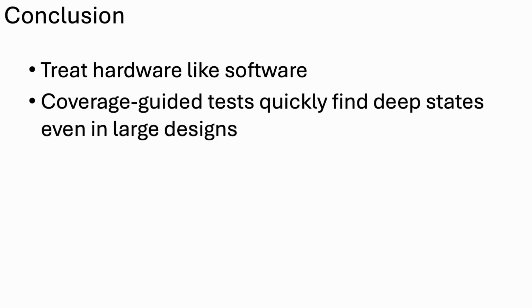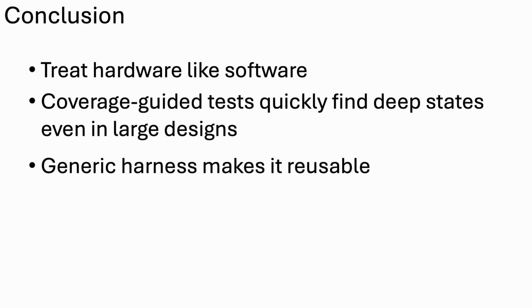We also saw that coverage-guided tests are very applicable to hardware and can lead to this best of both worlds where you can find deep states but also find them quickly in large designs. And lastly, that there are a lot of benefits to making the generic harness as reusable as possible, and they came up with a really clever way to use this bus grammar to do that.